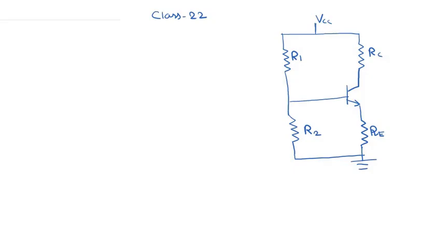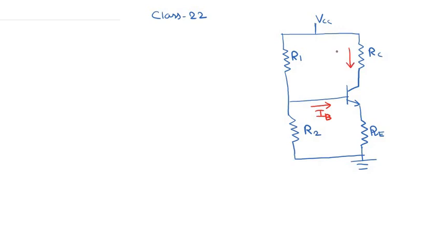Now we are interested in knowing what is the DC base current that flows through the circuit, because the emitter current and the collector current basically depend on the base current.